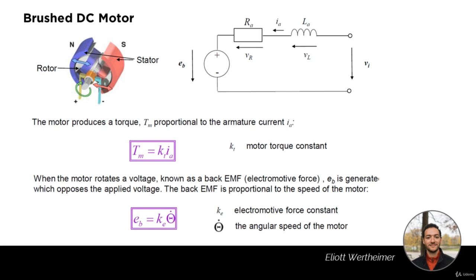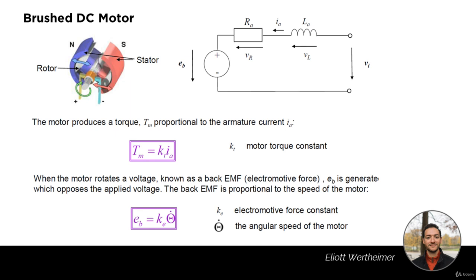When the motor rotates, a voltage known as a back EMF or electromotive force, Eb, is generated, which opposes the applied voltage. The back EMF is proportional to the speed of the motor, and we can write that Eb, the back EMF, is equal to Ke multiplied by the derivative of theta, which is the angular speed of the motor.